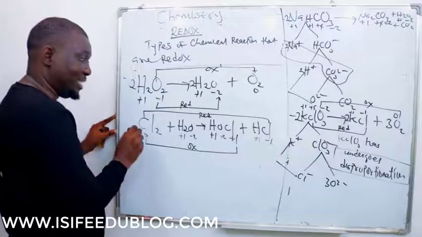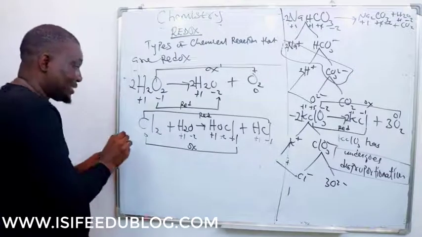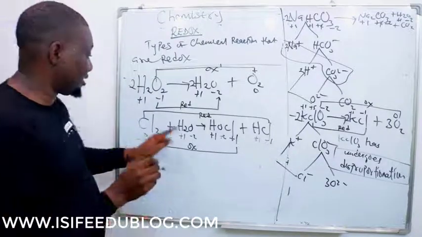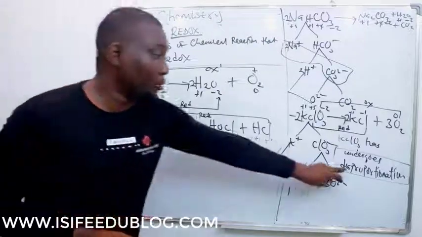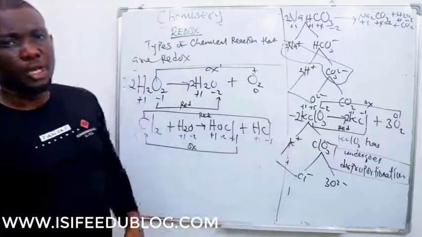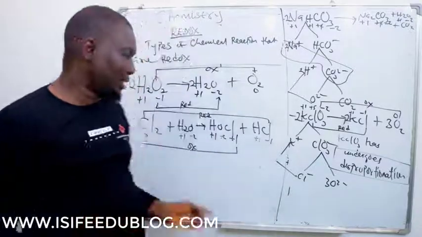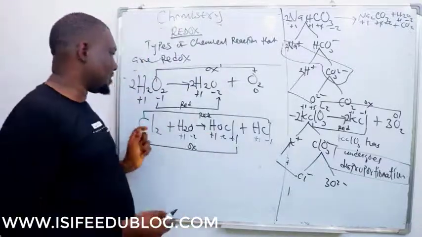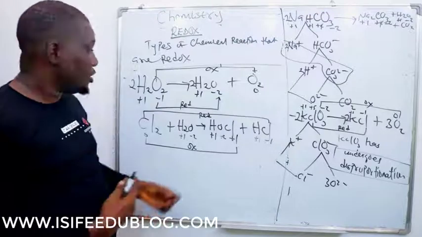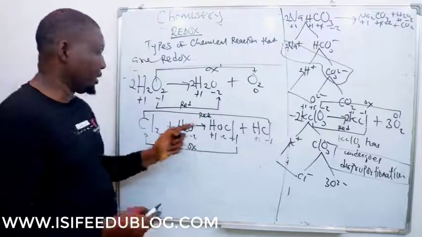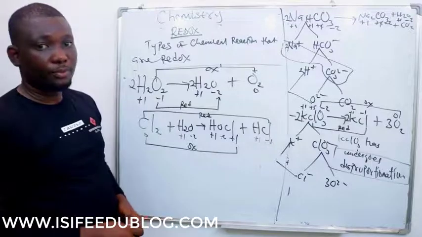So since chlorine is behaving as oxidizing and also reducing agent, chlorine in this reaction has undergone what we call disproportionation. When a substance behaves in this manner, as oxidizing and reducing agent, the substance is said to have undergone disproportionation, as chlorine does in this reaction.